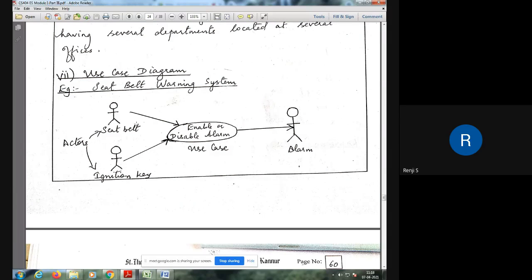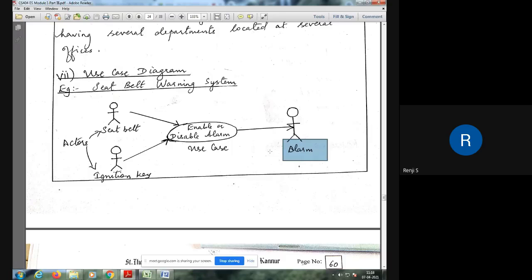Here we can see that the actors can be either things or human users interacting with the system. Here it shows the seat belt. Then there is an ignition key to turn on this system, the automobile. Then there is an alarm.